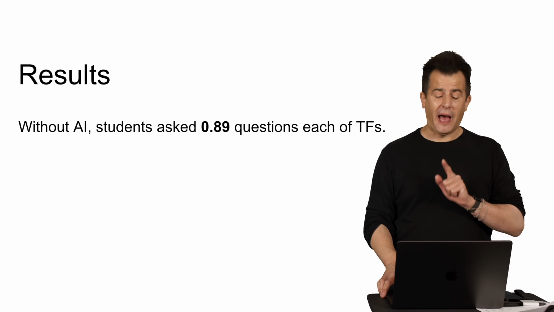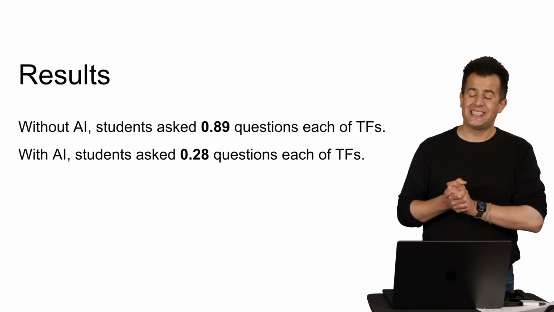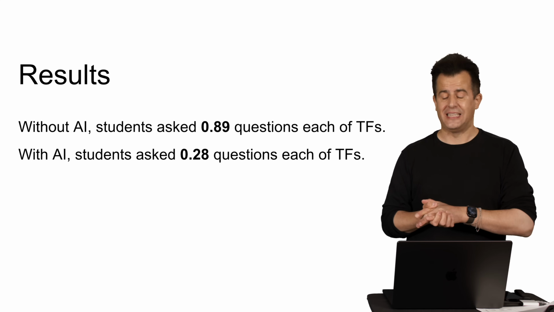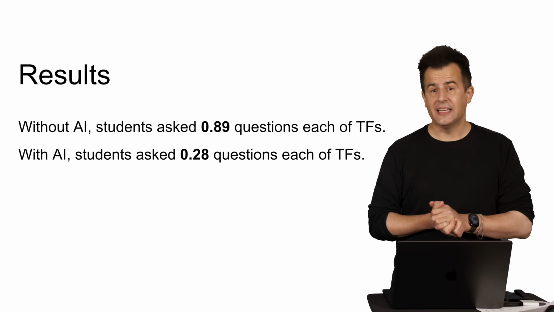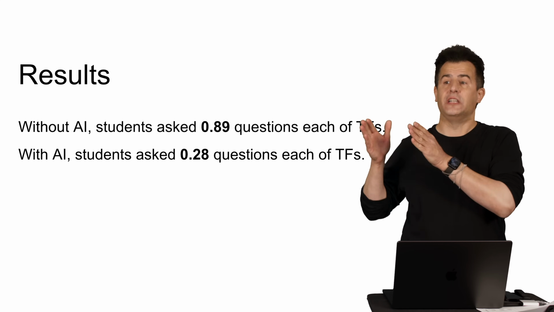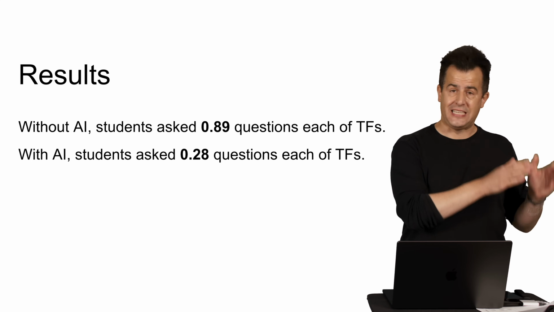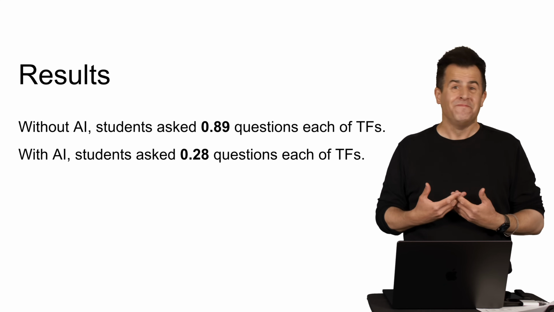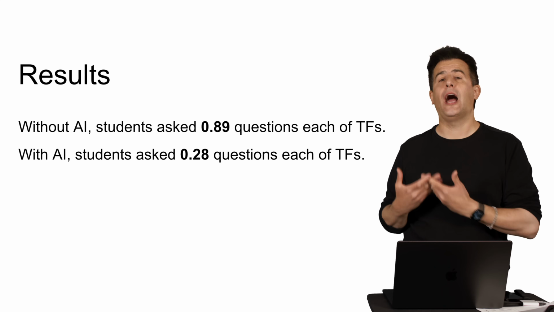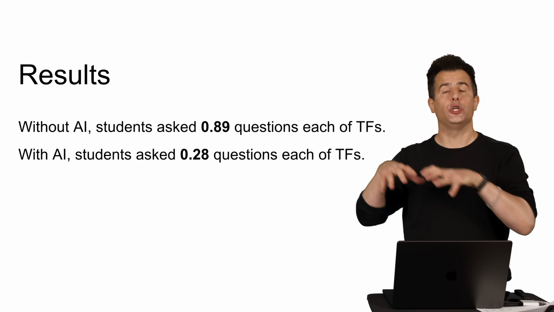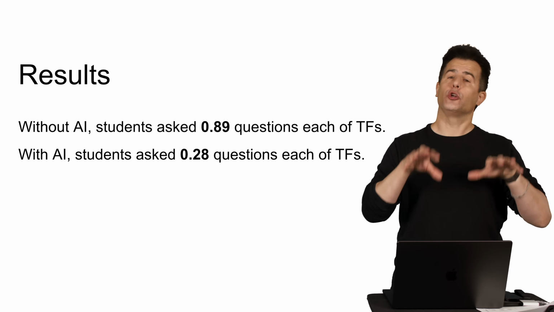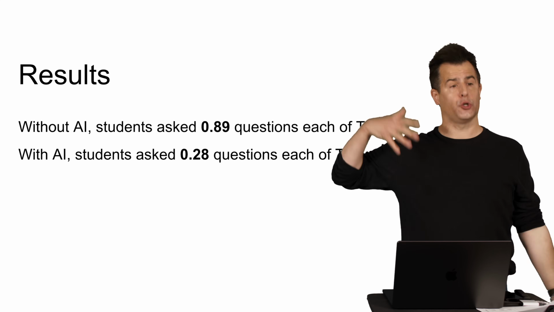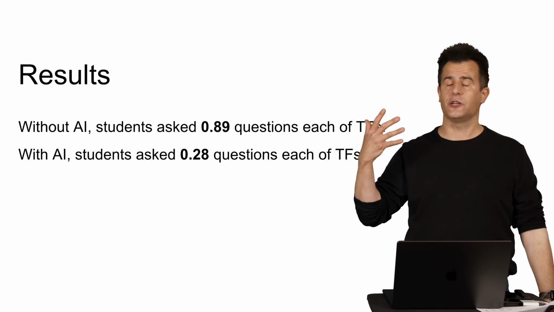With AI, this past fall semester, students asked 0.28 questions each of TFs. That is to say, a significant reduction in questions being asked of TFs. Now, not necessarily all positive. I will disclaim that this is not necessarily a good outcome when it comes to teaching teachers how to teach and creating opportunities for them to answer students' questions and think about the material themselves.